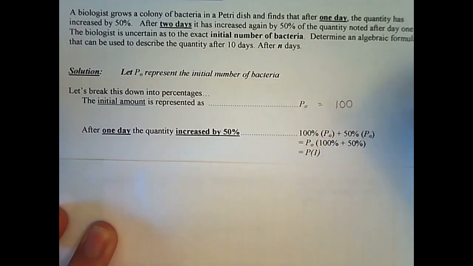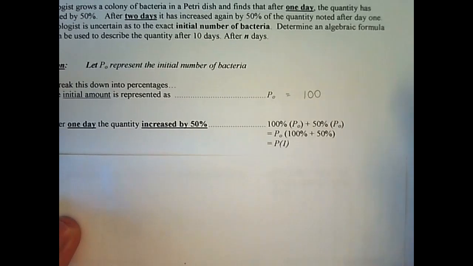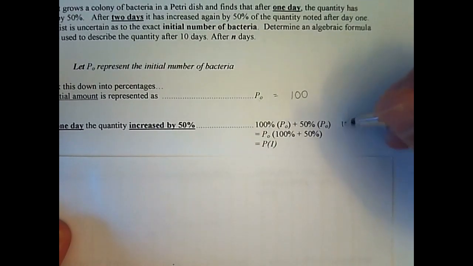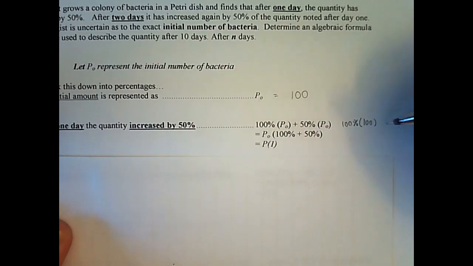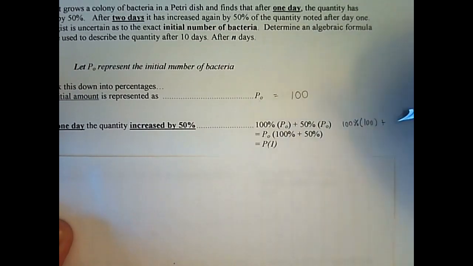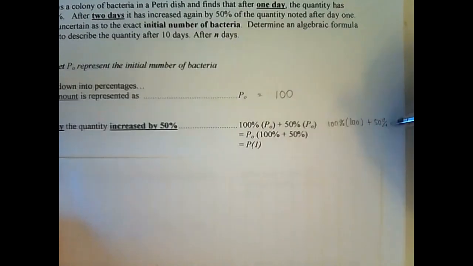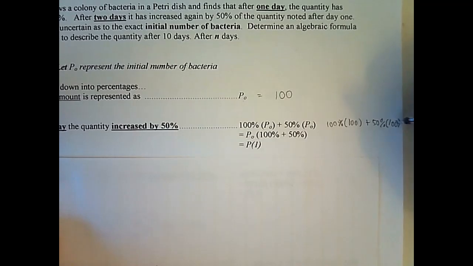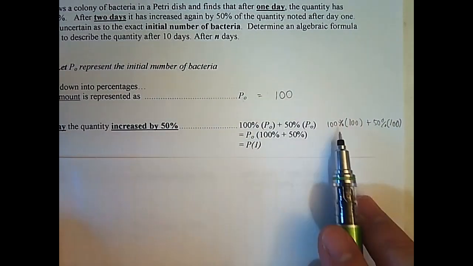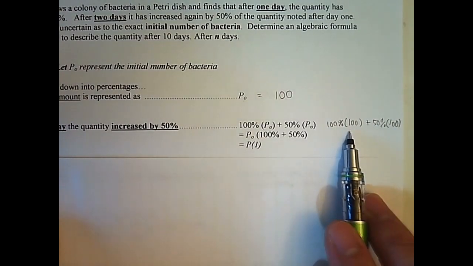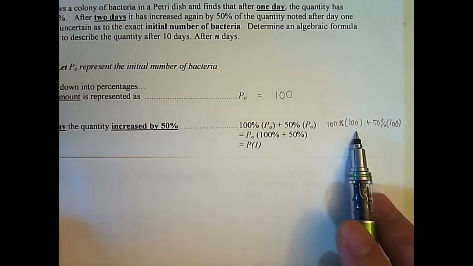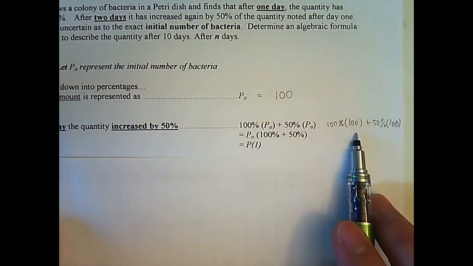If I have 100% of our population, which is 100, the total population will be our initial population plus 50% of the initial population. Because we haven't lost anyone, we're just adding more to our initial population. So we start with 100, and we add to that 50% of that.